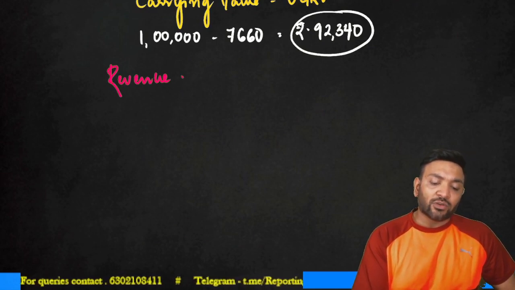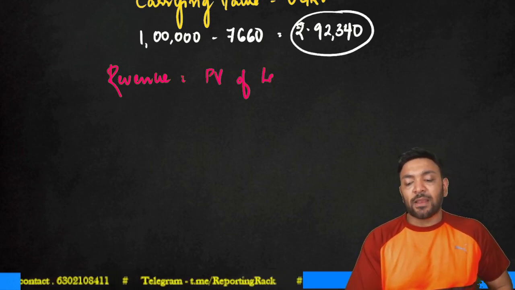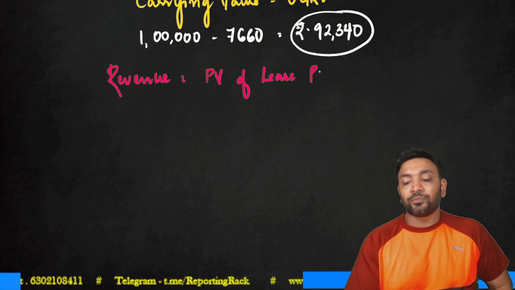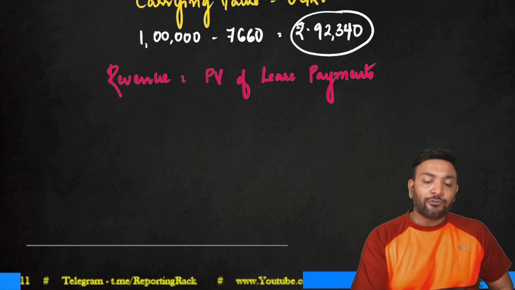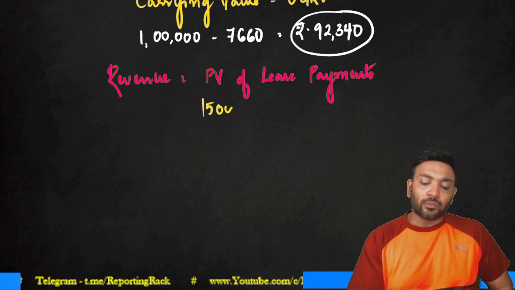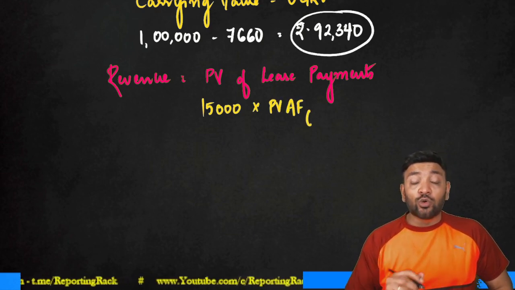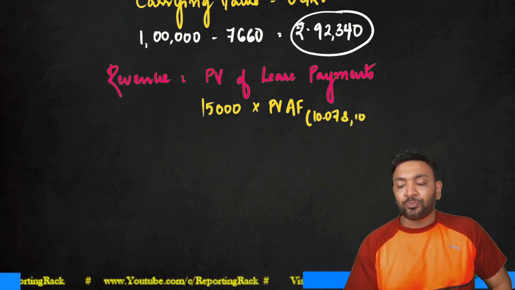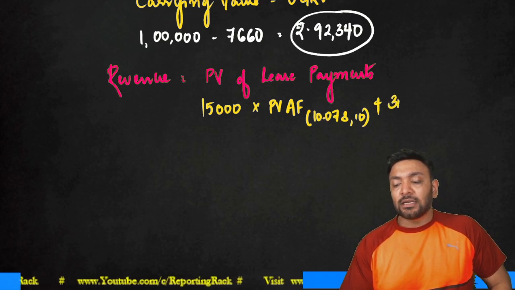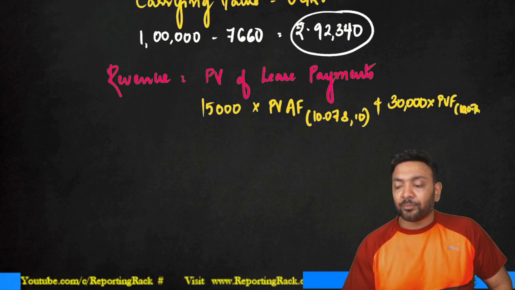My revenue is equal to present value of lease payments. Your present value of lease payments shall only be 15,000 into PVAF, because lease payments do not include UGRV, 10.078%, 10, plus 30,000 guaranteed residual value into PVF of 10.078%, 10.